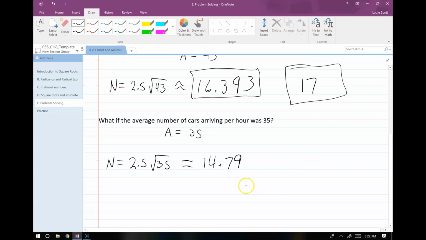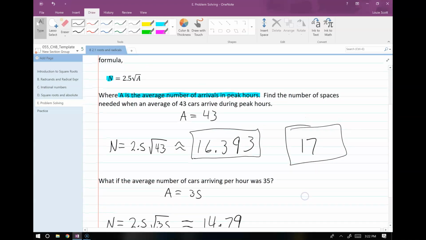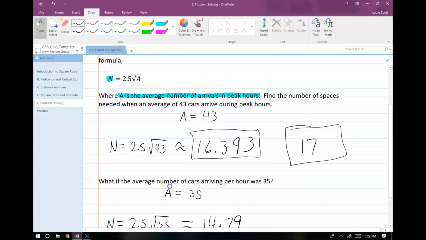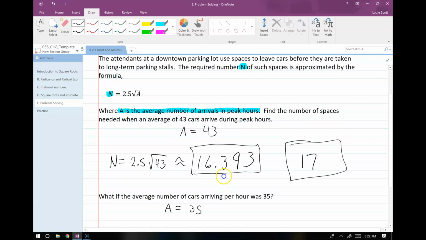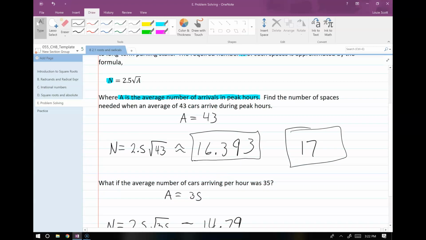So we would say 15 on this example, right? Because we don't want somebody to have 80% of a parking spot, unless they have a really small car, maybe. So when it comes to word problems, at least on this section, at least one of them will be an evaluation problem like this, where you're plugging things in and you're seeing what the results are.